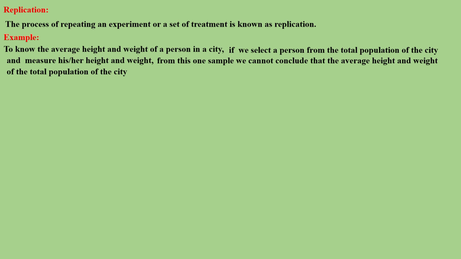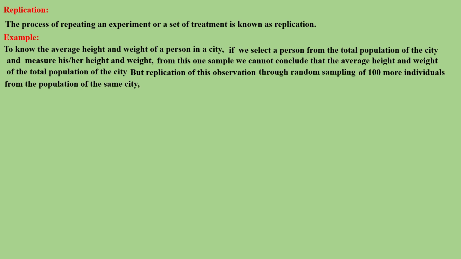That is not the correct output, right? But the replication of this observation through random sampling of 100 more individuals from the population of the same city. Instead of that, you can choose 50 to 75% from your street, right?